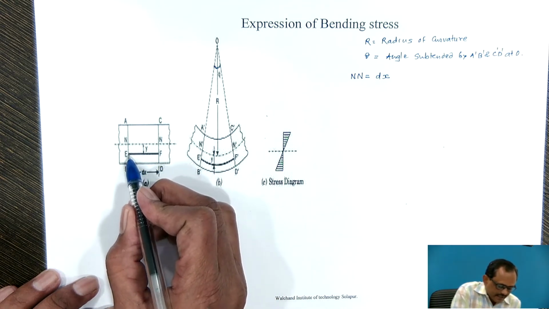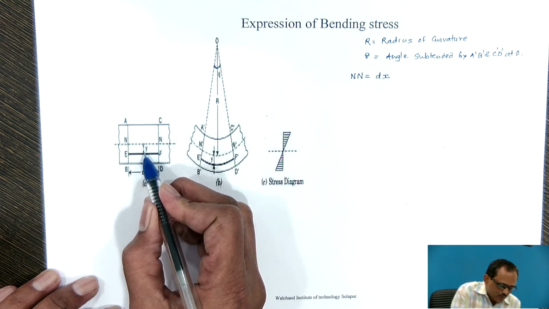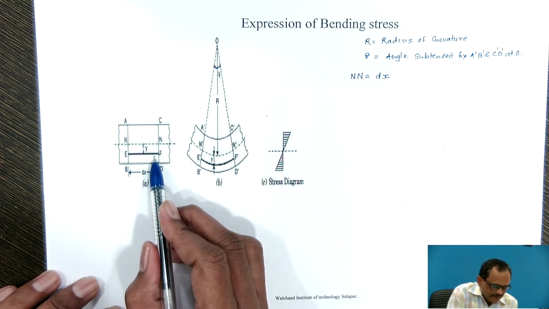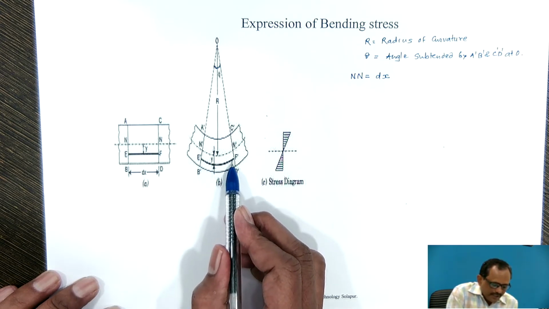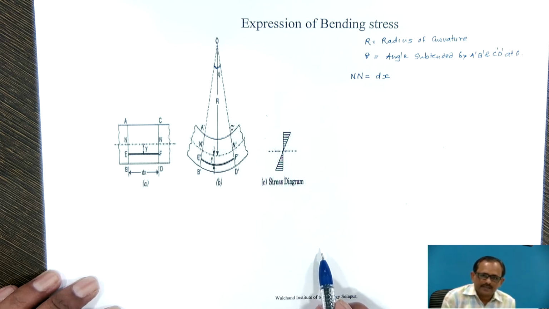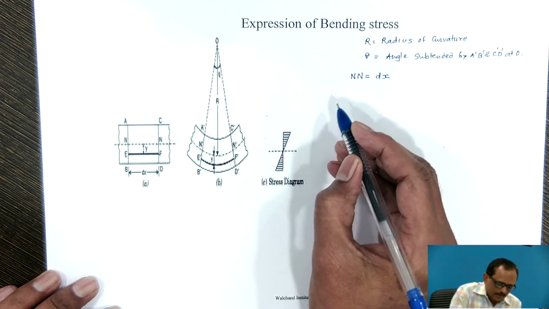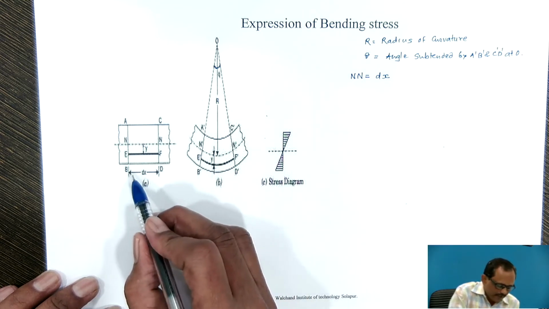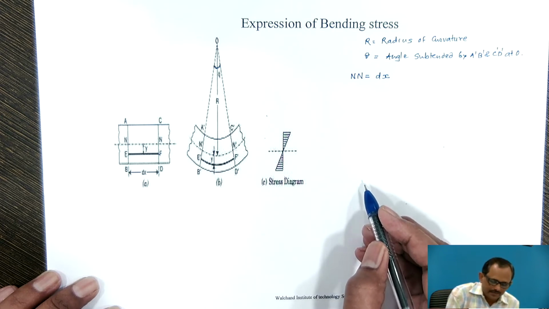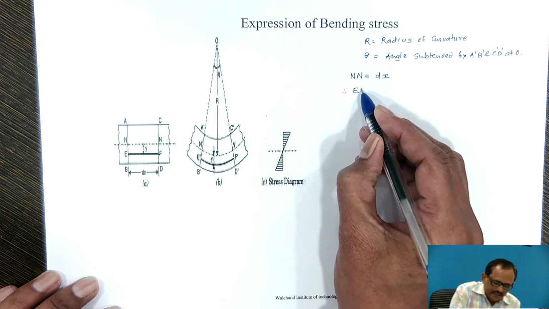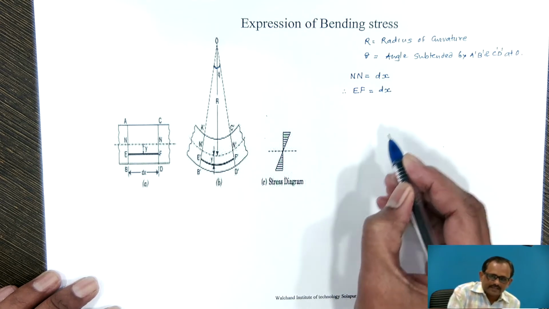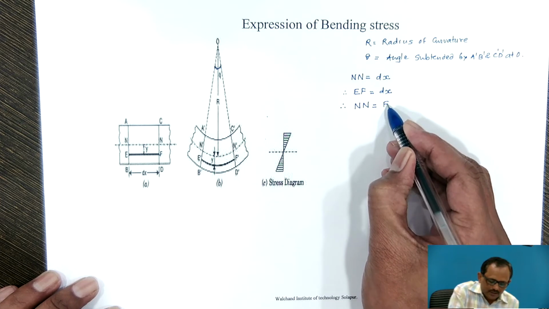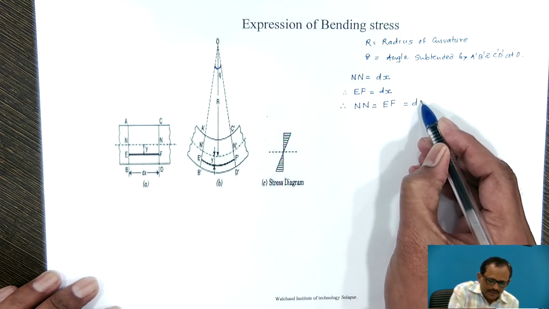Let us consider a layer EF which is at a distance y below the neutral axis, and this layer EF deforms to E'F' as shown in figure B. Before applying the moment, the length of each layer between section AB and section CD is the same, and therefore the length of layer NN is equal to the length of layer EF, which is equal to dx.